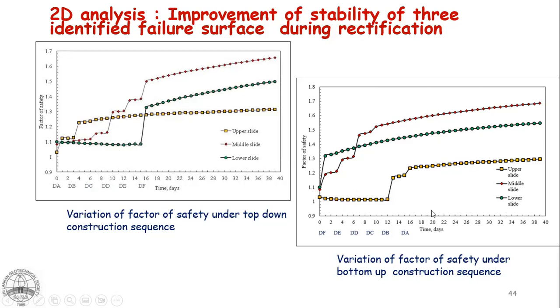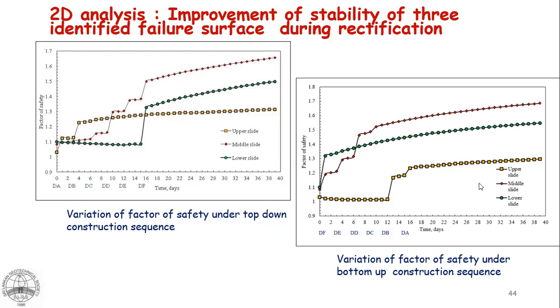Now this shows the bottom-up construction sequence. So the bottom drains were installed first. So you see that the factor of safety of the lower slide improved fast, right?